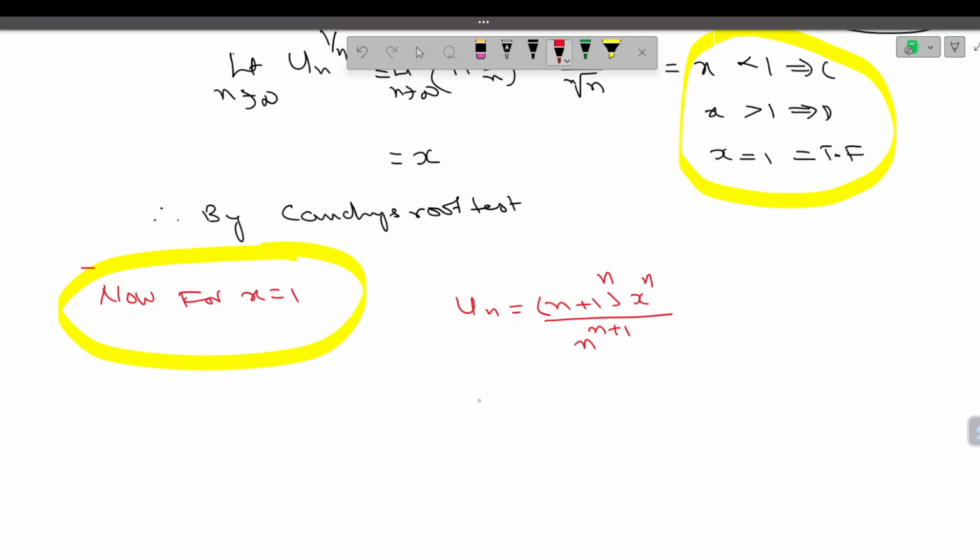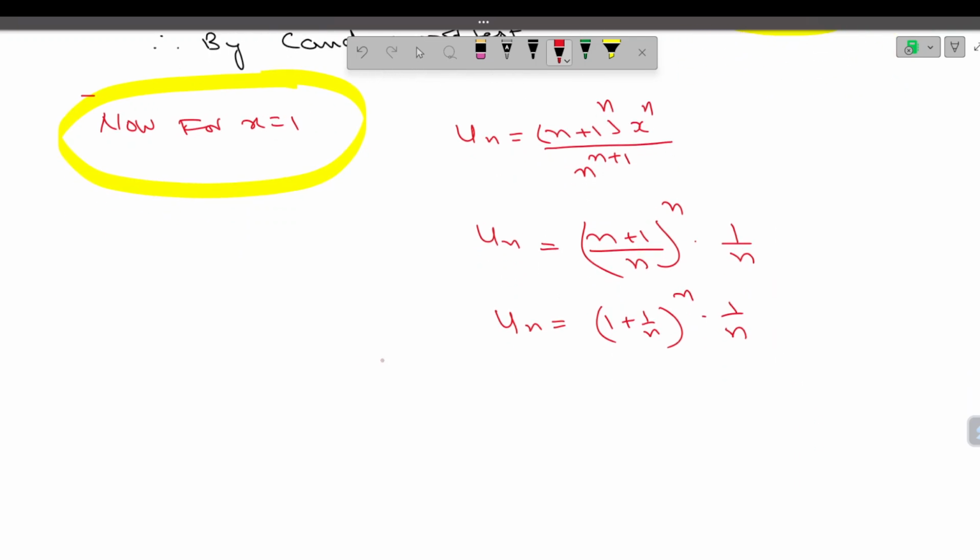So with x equal to 1, this is (n plus 1) by n, whole to the power of n, into 1 by n. So un equals (1 plus 1 by n) whole to the power of n, into 1 by n.